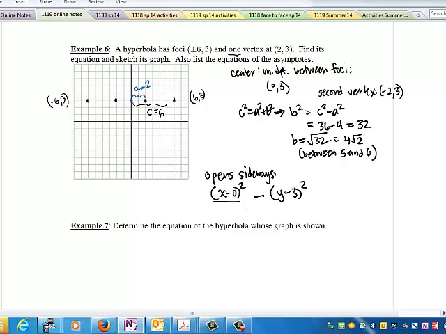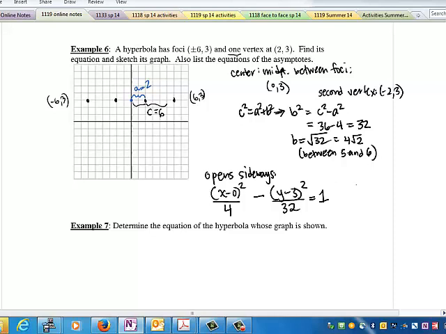We want a squared underneath the x's. A squared is 4. And b squared underneath these y values, that would be 32. And in standard form, we want 1 on the other side of that equation.